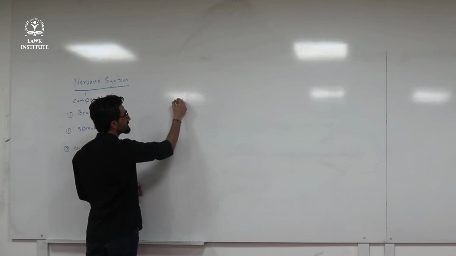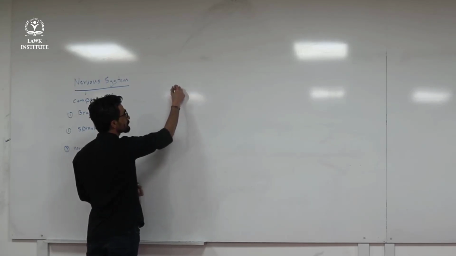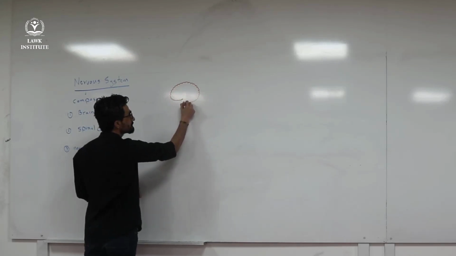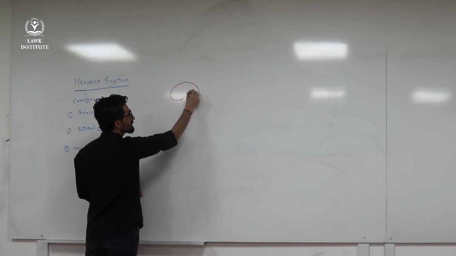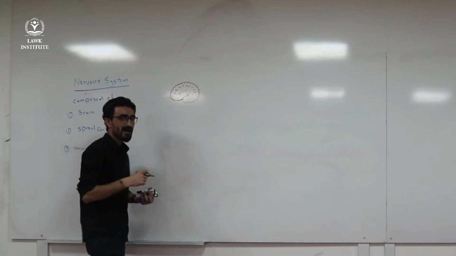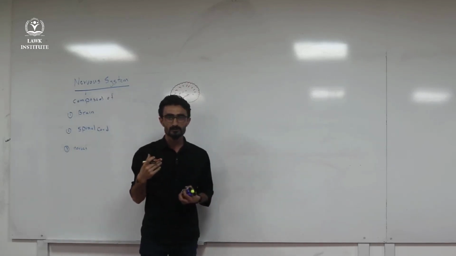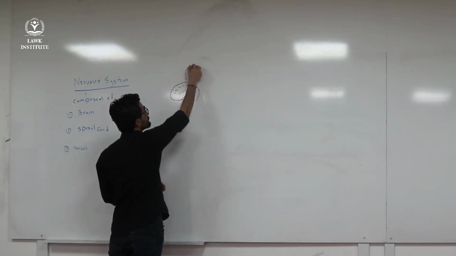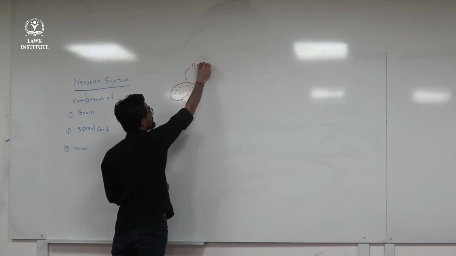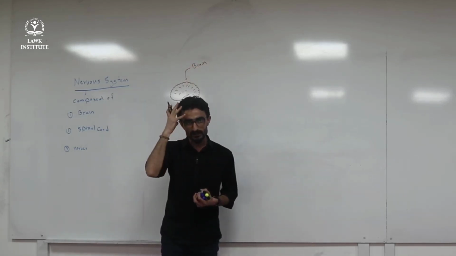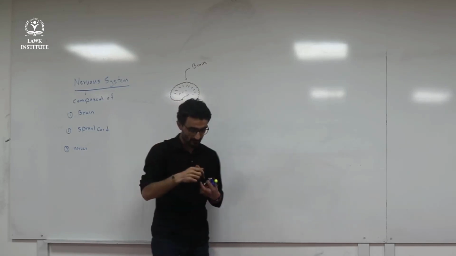Let's say this figure represents the central organ of your nervous system, which is known as the brain. Recall that the brain is characterized by having a highly folded external structure. So here we have the brain, the central organ of the nervous system that's located inside your skull.